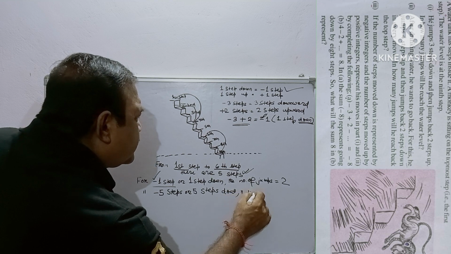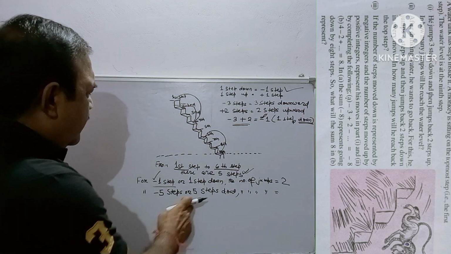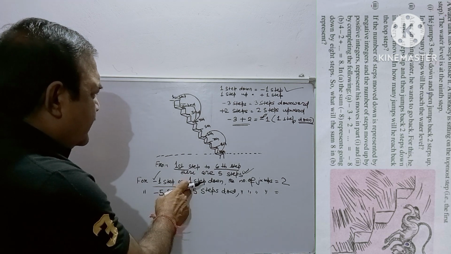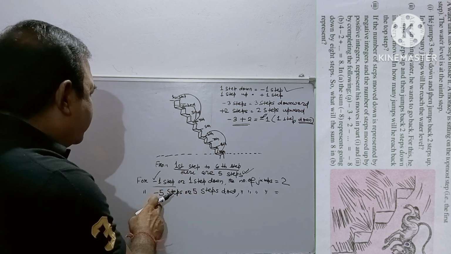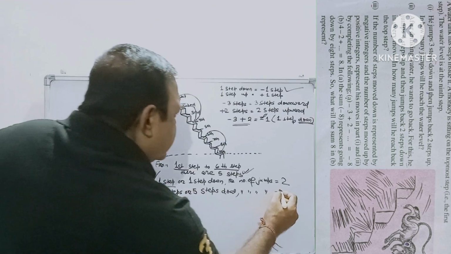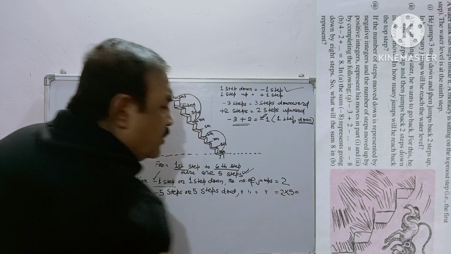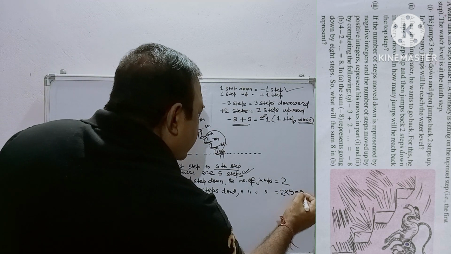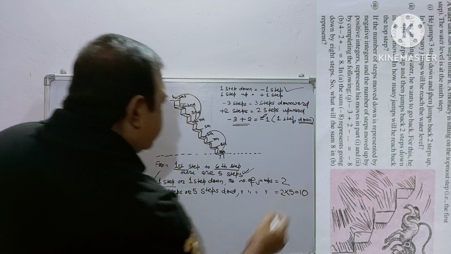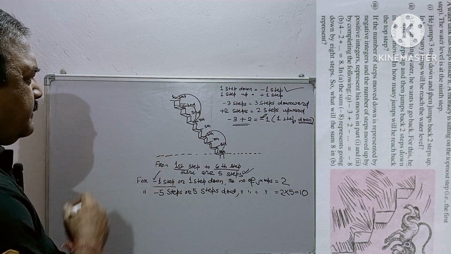The number of jumps will be equal to, you see, minus 5 is 5 times of minus 1. So it will be 2 into 5, that is equal to 10. So the number of jumps will be 10.